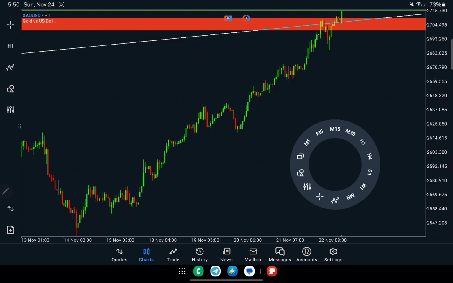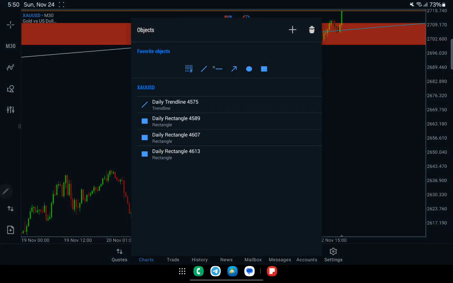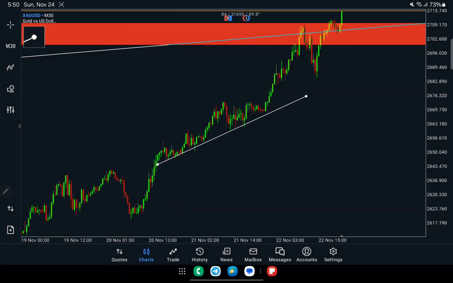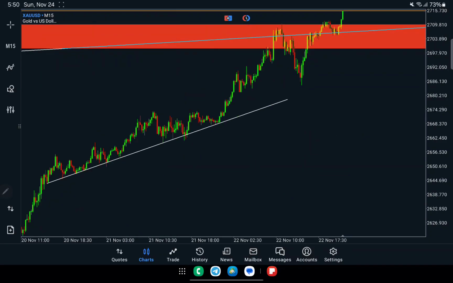If we go to a smaller time frame like M15 and draw a trend line over here, we can see there is a first breakout, this is second, and there is third. We can take a buy entry here, here, and here, and again it just flew up.